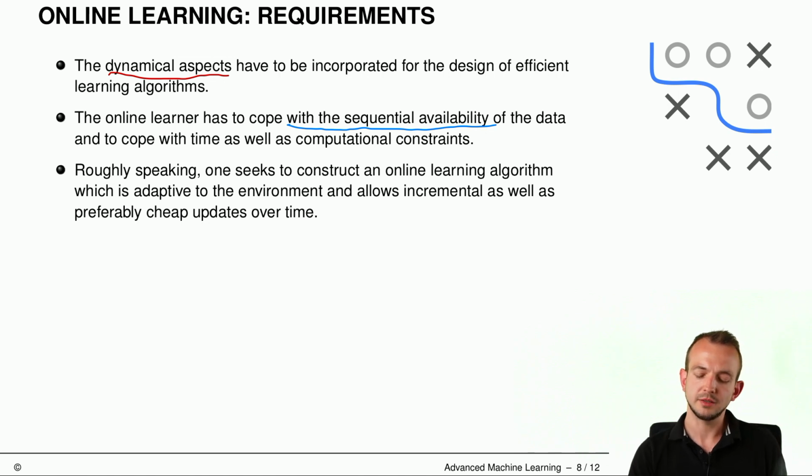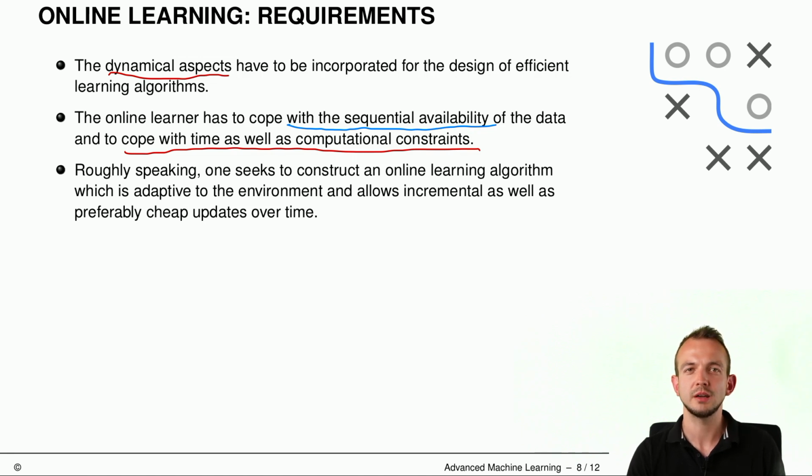And if it is getting larger, we have to keep in mind that we might not have all the time in the world to do an action, to make a prediction, but rather have time and computational constraints, so that the update, the prediction for the current time step, should not depend on the time, but rather on something like the complexity of the action space, the dimensionality of that, something of that kind.